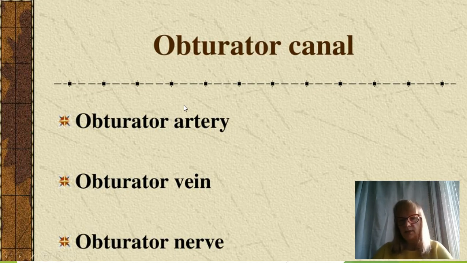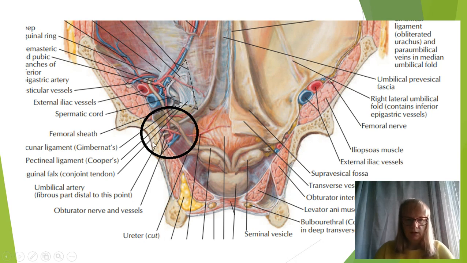Obturator canal includes the same neurovascular bundle, obturator artery, obturator vein, and obturator nerve. So visible is the bundle from the inner side. From the inner side, you see here the anterior abdominal wall.